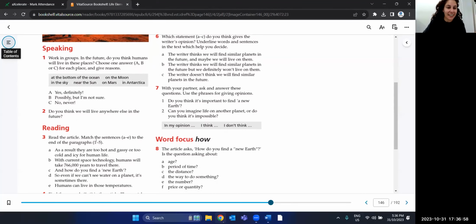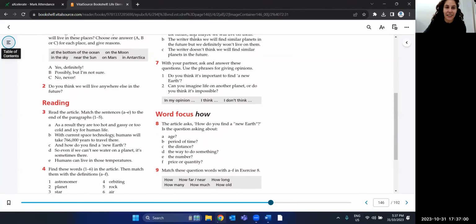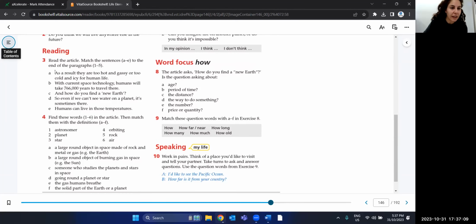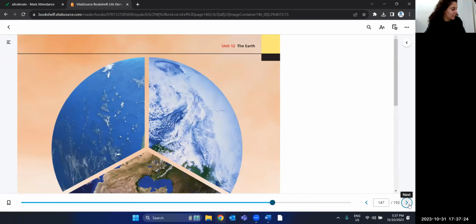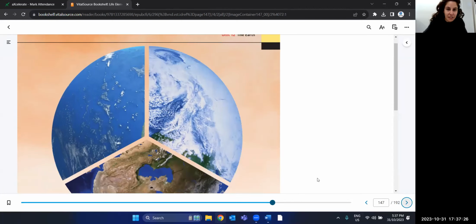Okay, so let's read an article and practice our English. So we have an article on the next page, and as we read, we have to match A, B, C, D, E. Which paragraph do you think that these words could be the title for? Okay, so let's have a read together to practice our pronunciation. So this is the image.